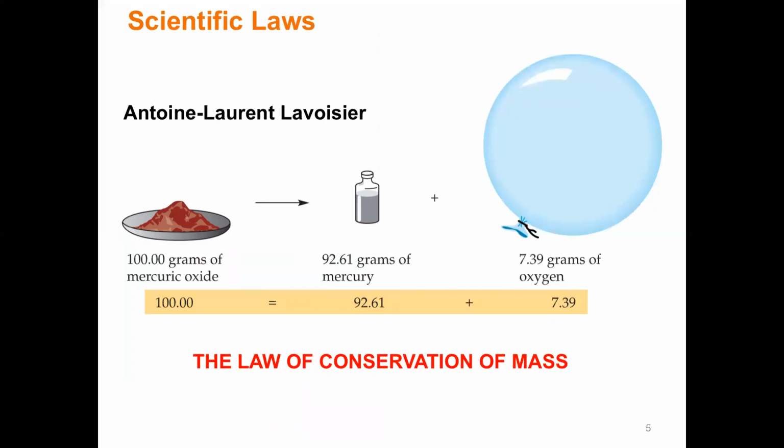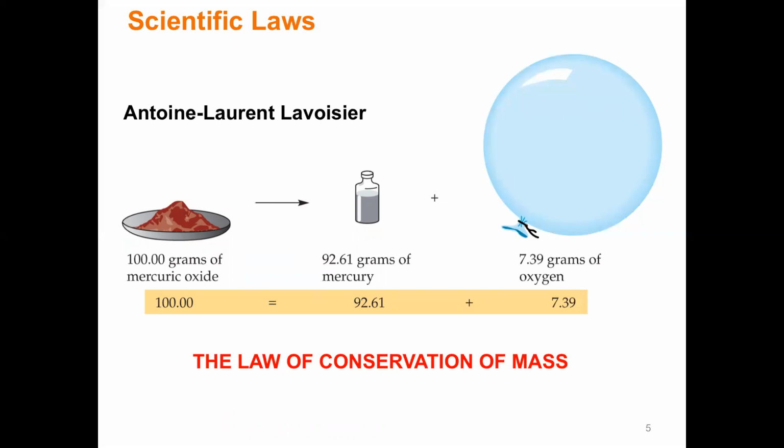Now it seems you can't get something out of nothing, and you can't destroy matter. I think these are things we know almost intuitively now, but this was how it works. Antoine Laurent Lavoisier was the person who solidified this law.